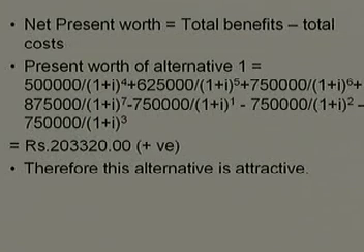Right? Then when it comes to total cost, you have to subtract it. So, 750,000 divided by 1 plus i raised to power 1, and minus 750,000 divided by 1 plus i raised to power 2 and so on.